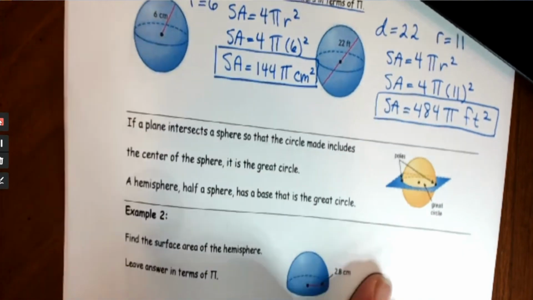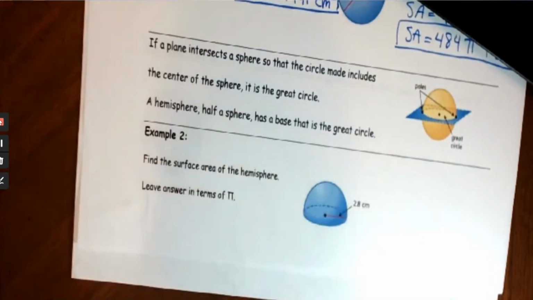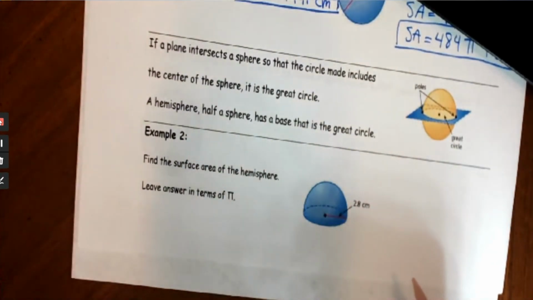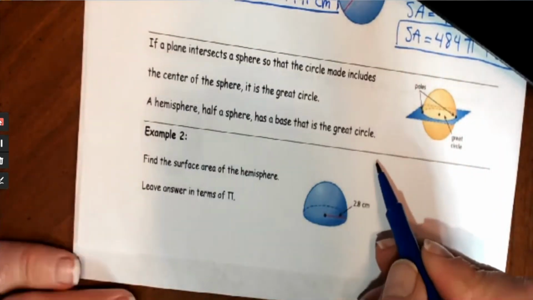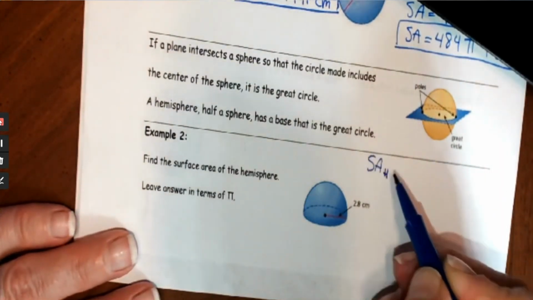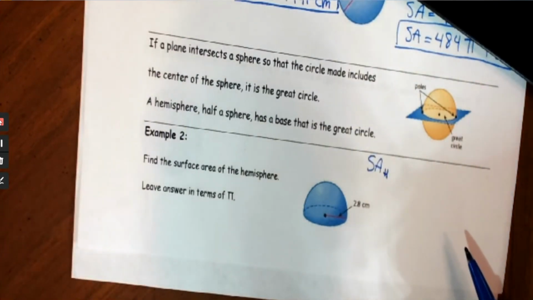So when we look down here at example 2, we are finding the surface area of a hemisphere. First of all, let's look at what we are looking at in our picture. I'm going to say that we are going to find the surface area, and I'm going to use a little subscript h to talk about the hemisphere.